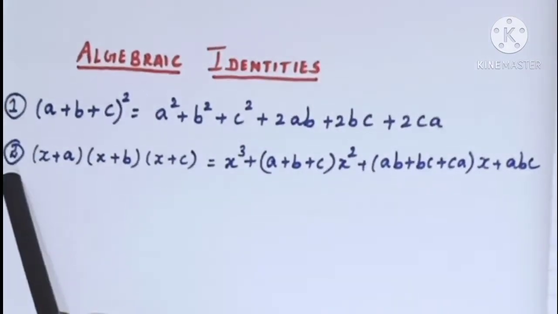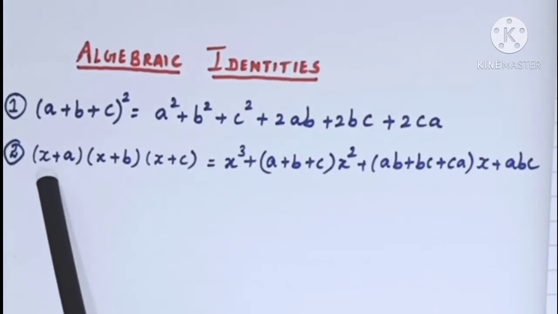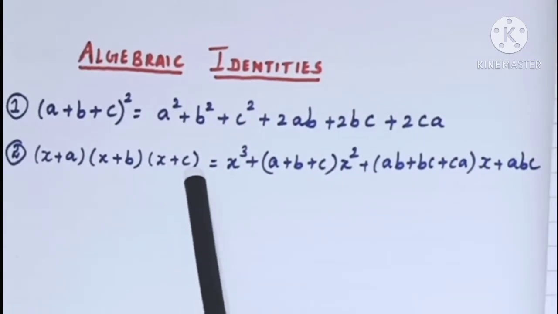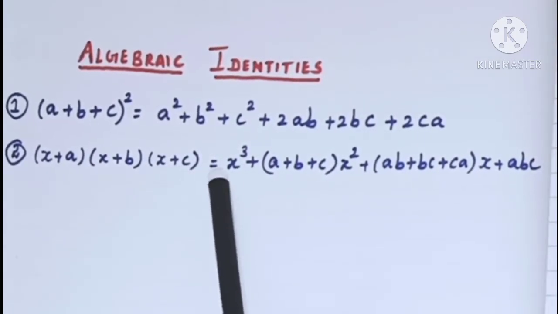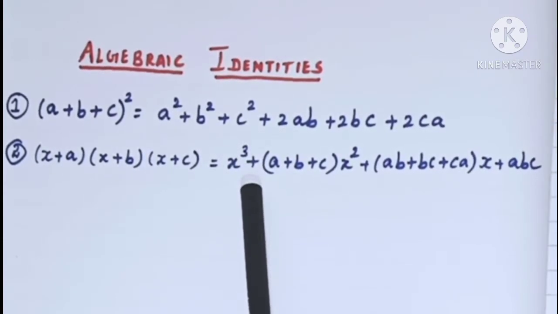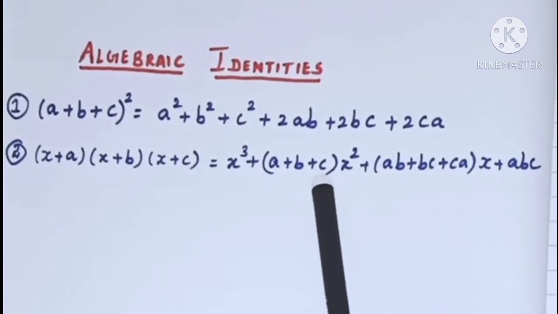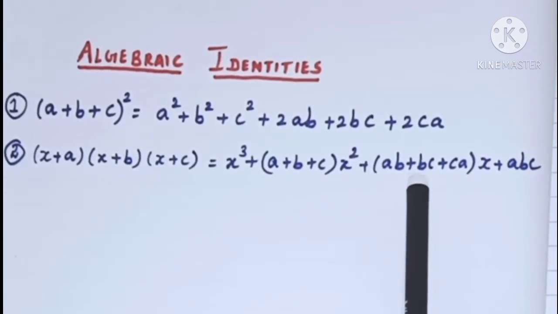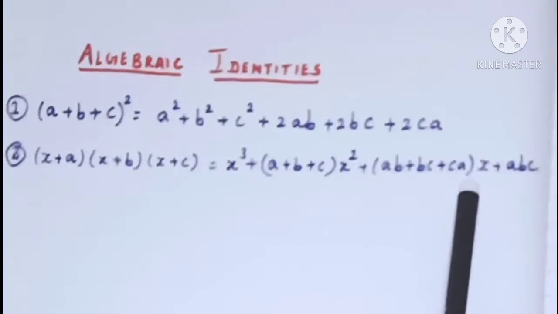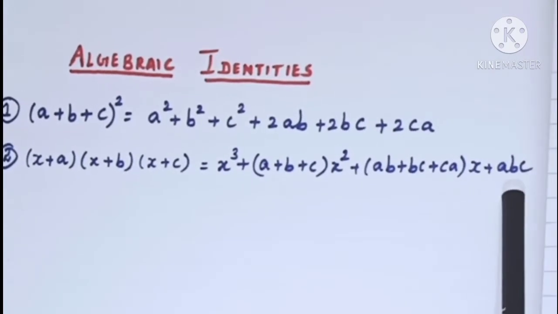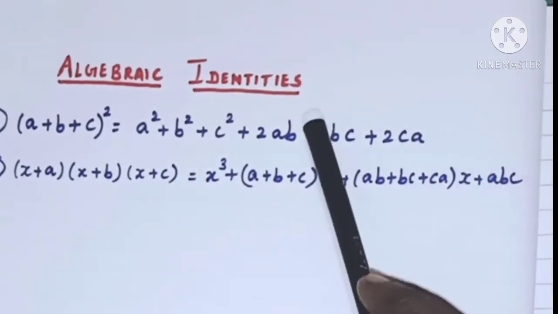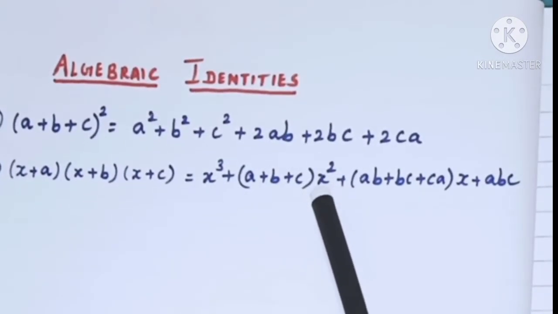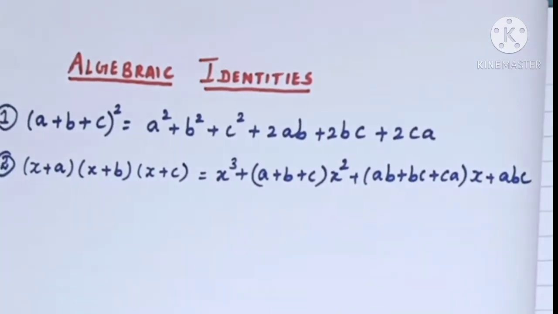The second algebraic identity is (x plus a) into (x plus b) into (x plus c) is equal to x cube plus (a plus b plus c) into x square plus (ab plus bc plus ca) into x plus abc. These are the two algebraic identities that we have to use in exercise 3.4.